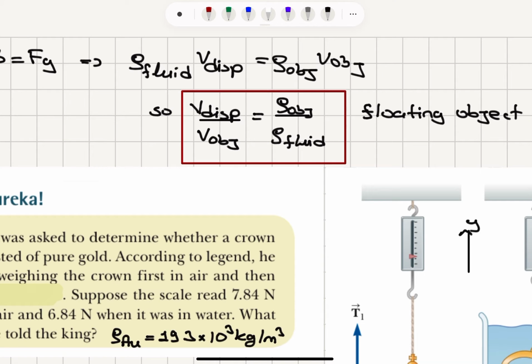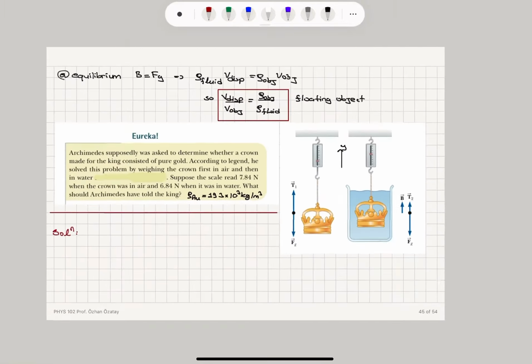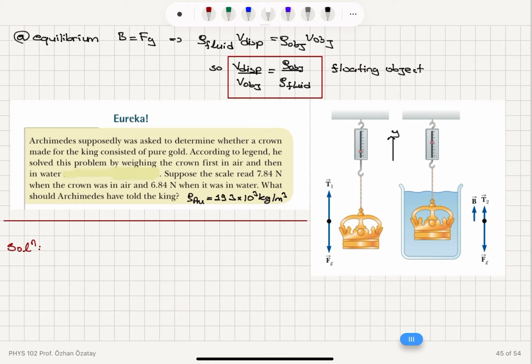So the ratio of the displaced fluid volume to the V object, that is the volume of the object under the fluid divided by the total volume of the object, is equal to the ratio of the densities, rho object divided by rho fluid. So that is basically when we establish equilibrium for a floating object.